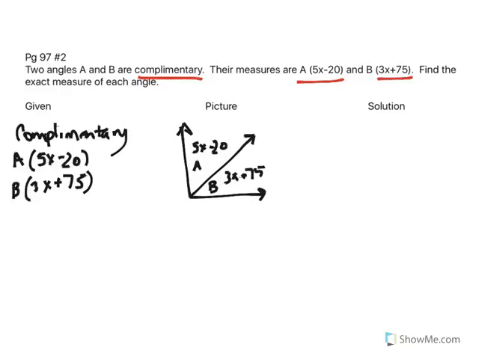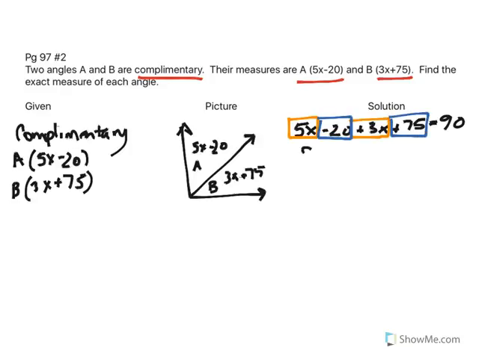So the solution, we need to find the exact measure of each angle. Okay, so first we need to solve for x. And I know that 5x minus 20 plus 3x plus 75 has to equal 90 degrees. So I'm going to combine my like terms, right? I get 5x plus 3x is 8x.